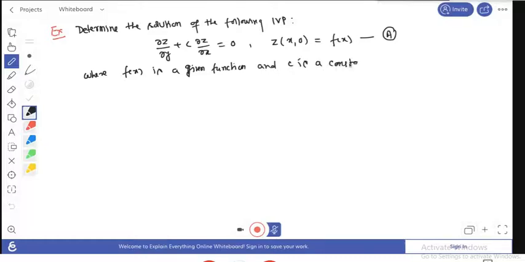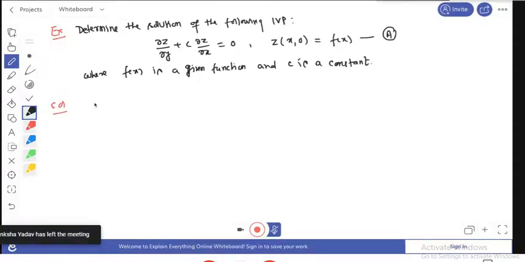So we take this type of problem and try to find the parametric solution of this initial value problem, and finally we reduce that parametric form to the form of x and y.